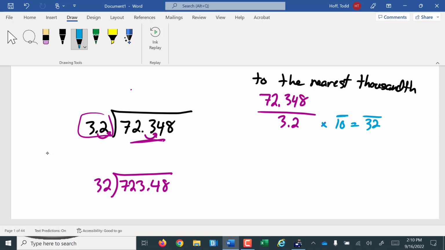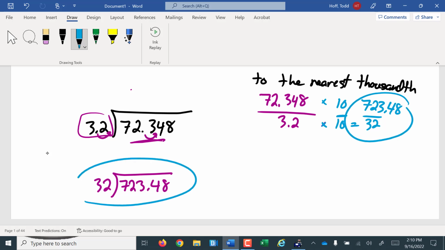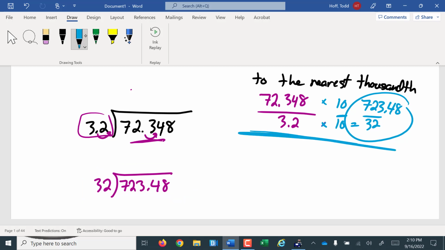But if I multiply the bottom of the fraction, I have to multiply the top. 72.348 times 10 is 723.48. So when I turn that back into a division problem, that's what ends up. So moving those decimal points the same amount in each, all that is going through this whole process of making it a fraction, changing its name, and then converting it back.